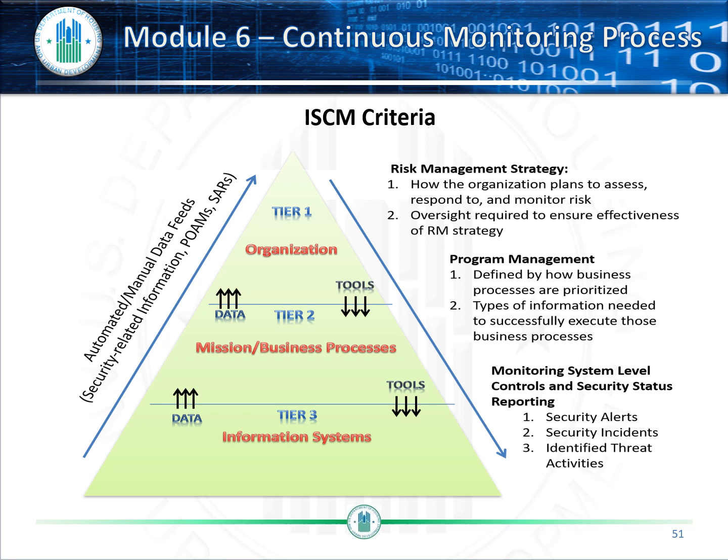ISCM activities at Tier 3 address risk management from an information system perspective. These activities include ensuring that all system-level security and privacy controls are implemented correctly, operate as intended, produce the desired outcome with respect to meeting the security requirements for the system, and continue to be effective over time.